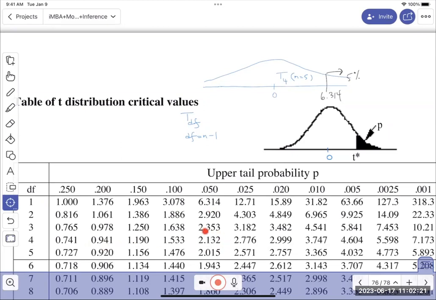Sorry, I got to use this one. So degrees of freedom 4 would be 2.132. So let me change that. Okay, so 5% in the tail would be at 2.132 standard deviations from 0.